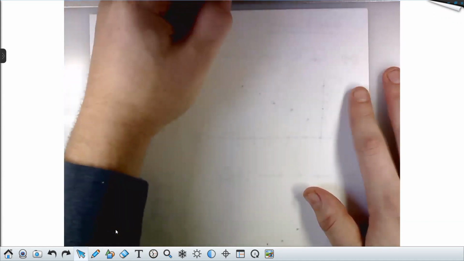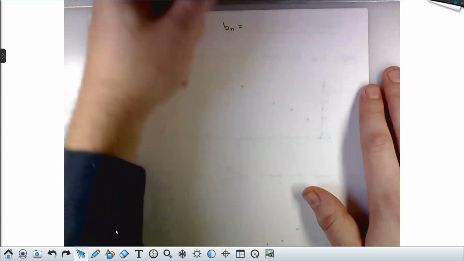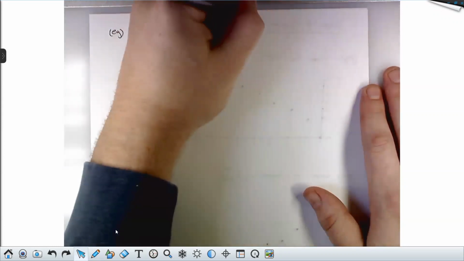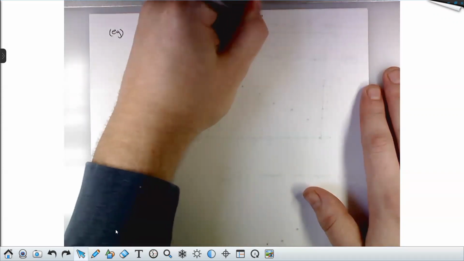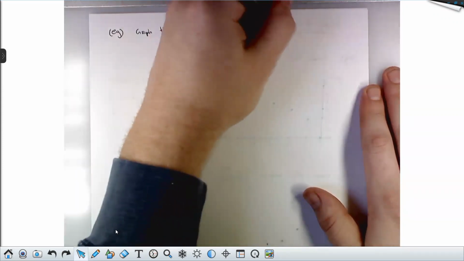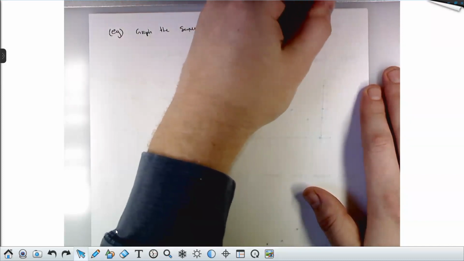Just switching back and forth with notation. Let me go ahead and call this sequence Bn, just for fun. And let's define it to be -1 to the n plus 1 over n, where n starts at 1.